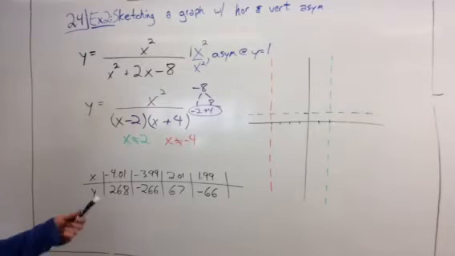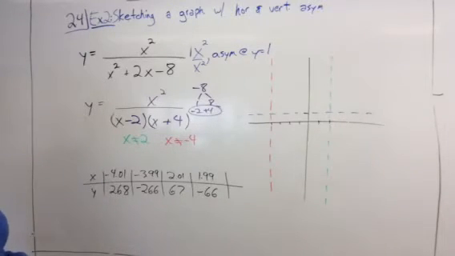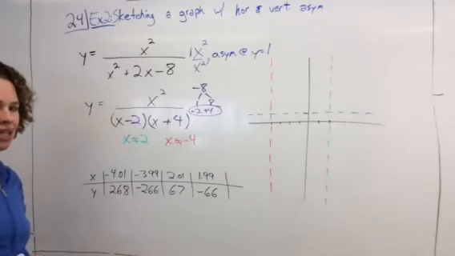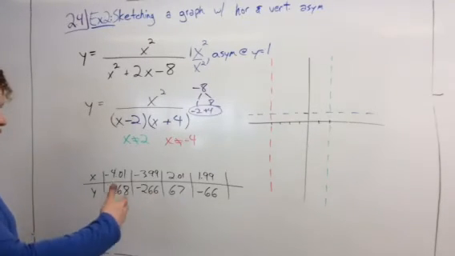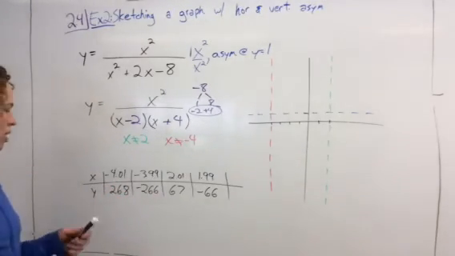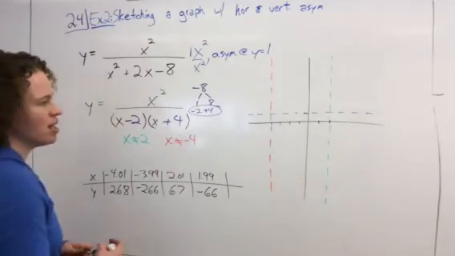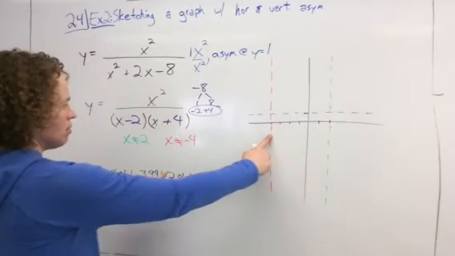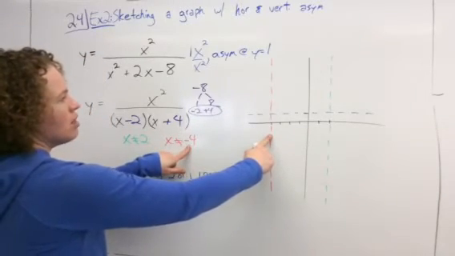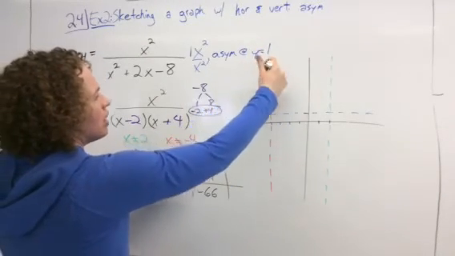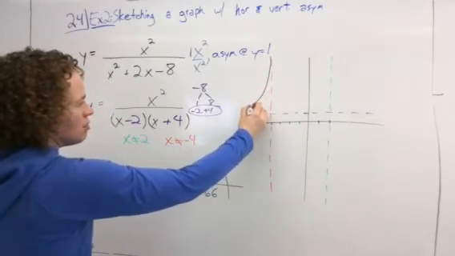So I've got, if x is negative 4.01, so if x is just slightly on the more negative side of negative 4, then the value is really high. So that means that at this asymptote, where x equals negative 4, the value for y is very, very high, which means that this is going to have to come down and go like that.